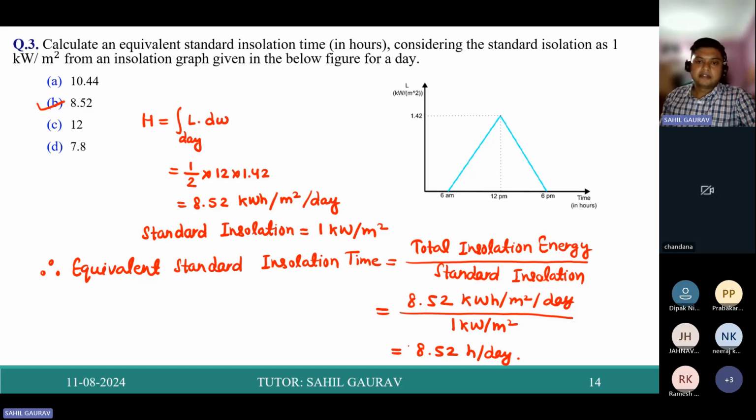So what is the significance of this time? Here, this plot is given for a day.